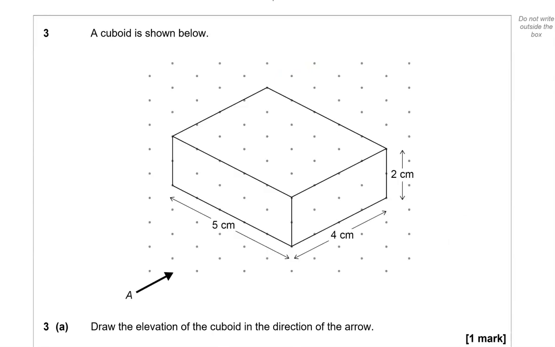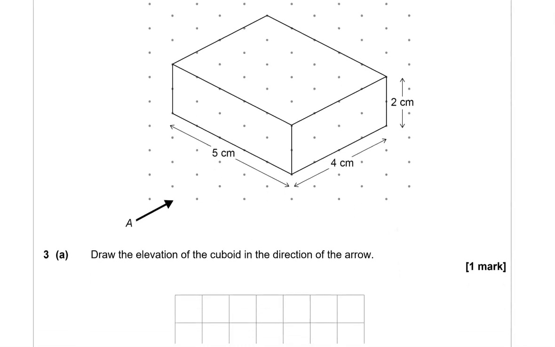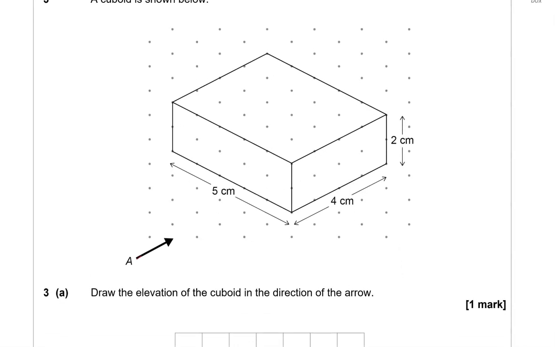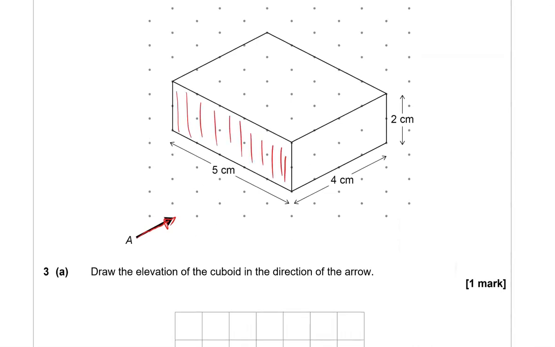A cuboid is shown below. Draw the elevation of the cuboid in the direction of the arrow. So the arrow is going this way, so we're looking at this side.